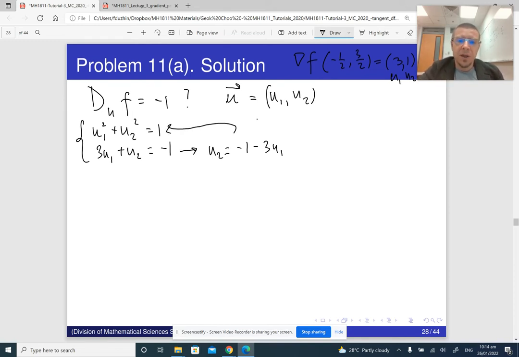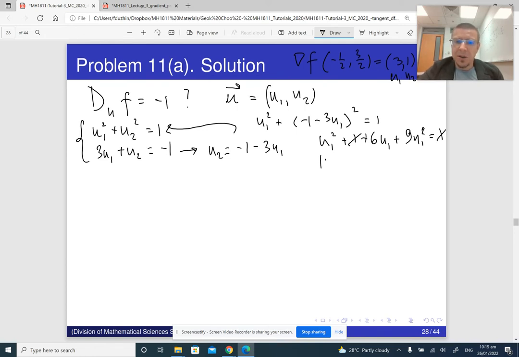So the first equation becomes u1 squared plus (minus 1 minus 3u1) squared is 1. Okay, so let us expand it. So u1 squared plus 1 plus 6u1 plus 9u1 squared is 1. Okay, conveniently 1 and 1 cancel out.